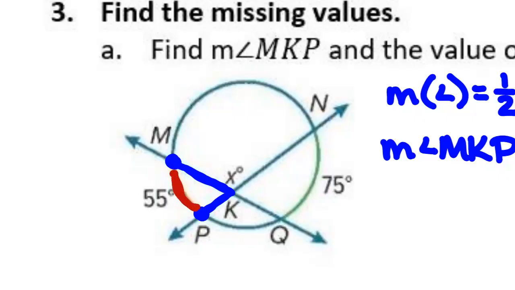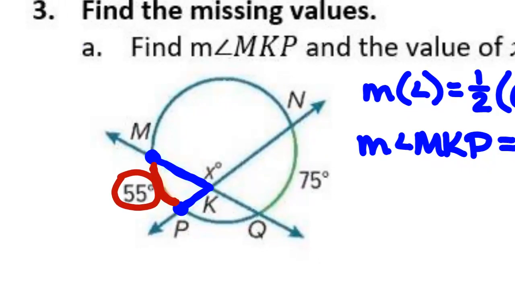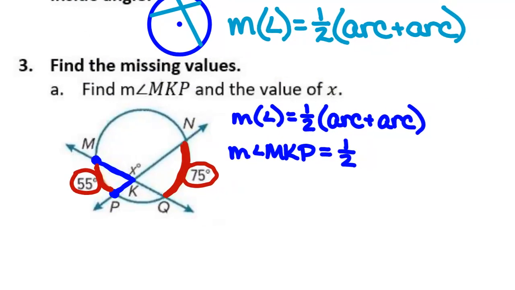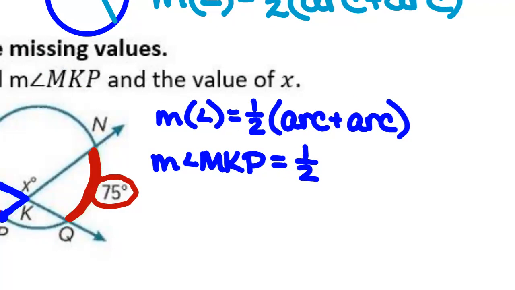One of those arcs is this one right here, 55 degrees. And the other is this one right over here, intercepted by the vertical angle. So we do 1/2 times 55 degrees plus 75 degrees.